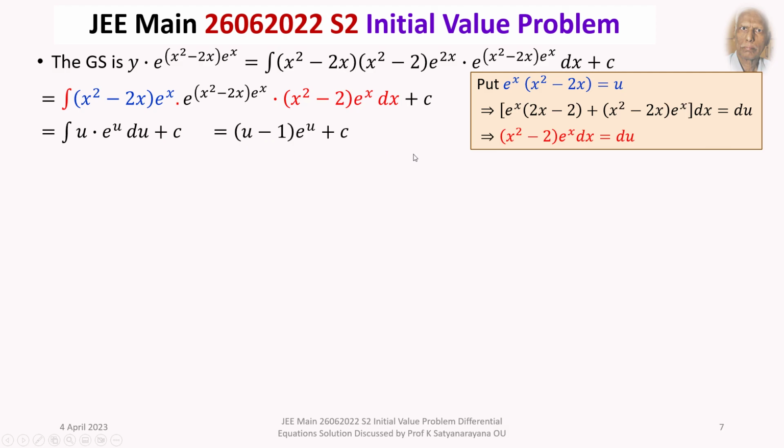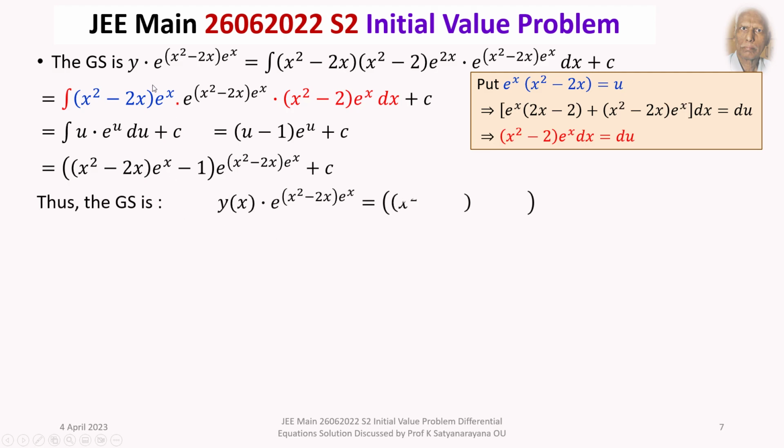Substitute for u, then you will get x square minus 2x into e power x minus 1 in brackets into e power x square minus 2x into e power x plus c. So, that is our general solution.